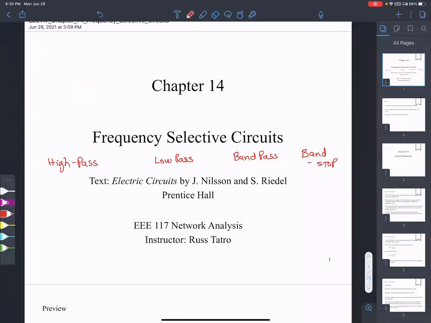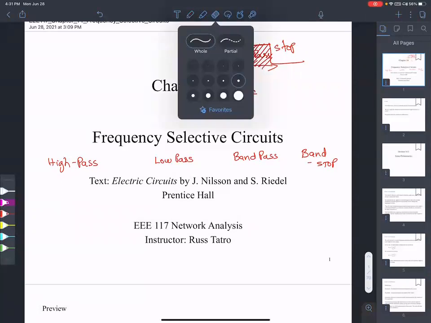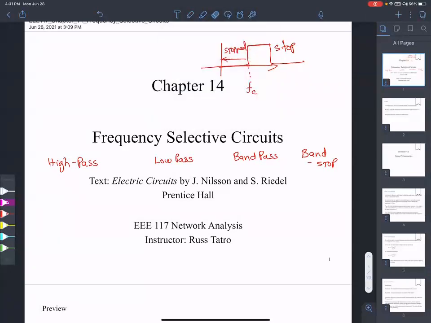The high pass filter does not pass the low frequencies, but it passes the high frequencies. If this is the cutoff frequency, anything below the cutoff frequency is stopped, and anything above the cutoff is passed. And then a band pass filter passes only particular bands. Only the frequencies within this range are passed, and the rest are attenuated.